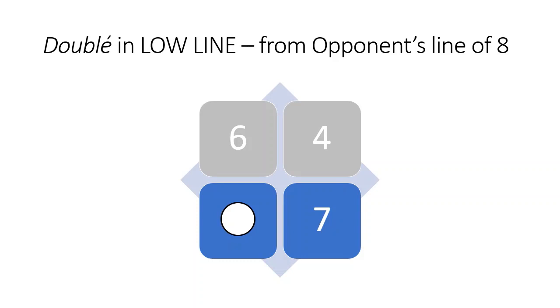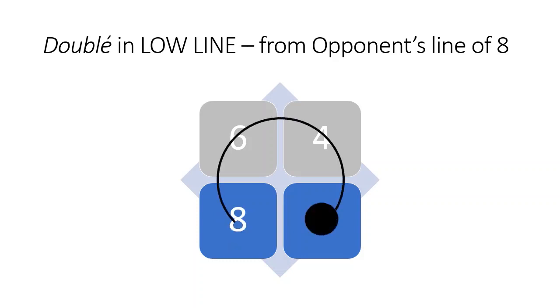The double in the low line involves, again, a disengage into the inside low line, then followed by a counter disengage which continues the spiral and arrives back in the inside low line.